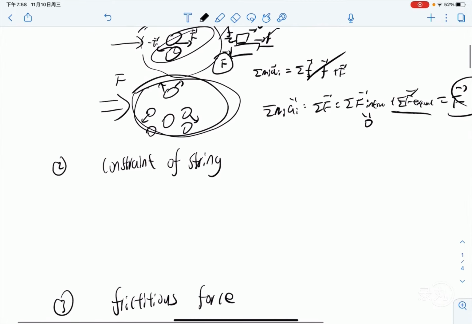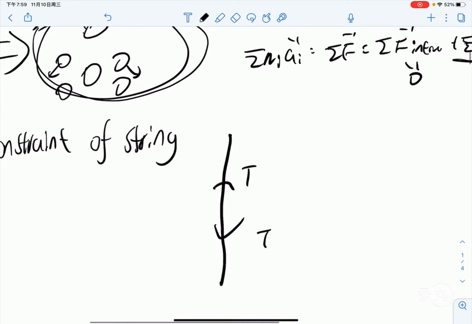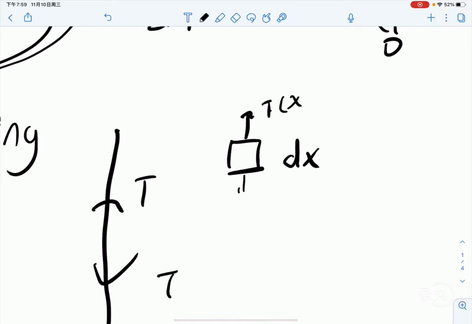The second topic we're going to talk about is the constraint of the string. In a string, you learn that the tension of a massless string is 0, but you actually don't really know why. So I'm going to teach you why. If you consider a small piece of the string, whose length is dx, it will experience forces T(x) and T(x plus dx).